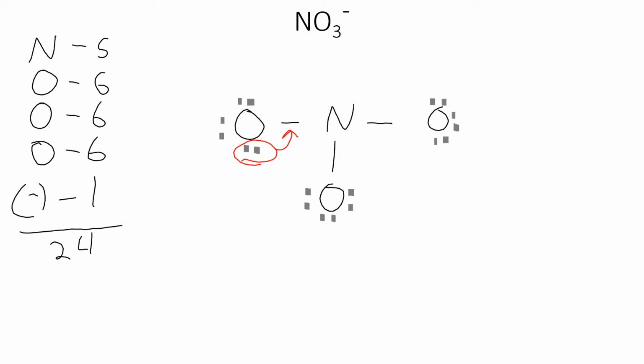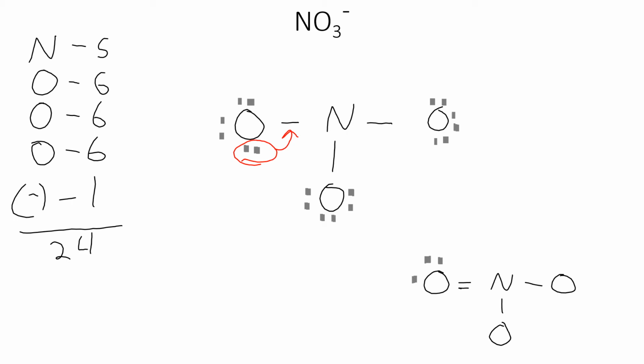So when we move that one in, what would be our result? Kind of draw this on the bottom. So when we move that one in, now we would have a double bond. If I fill in all of my lone pairs, oxygen on the left would still have 2 lone pairs.